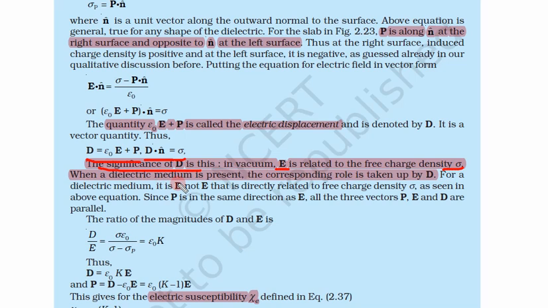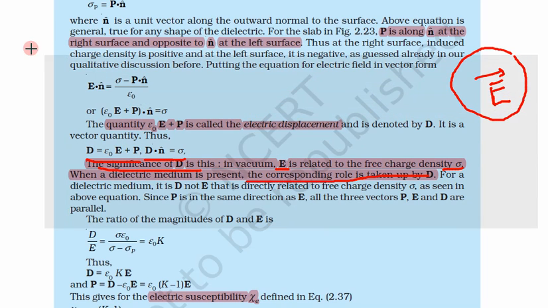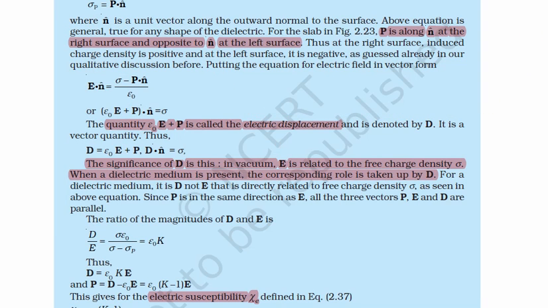But when a dielectric medium is present, that means if we fill some dielectric between the capacitor, the corresponding role is taken by D. So there is a field, but this field is when we are in a free space or vacuum. But when a dielectric is filled between the plates of a capacitor, the role of E is taken by D, this electric displacement, sometimes called dielectric displacement.